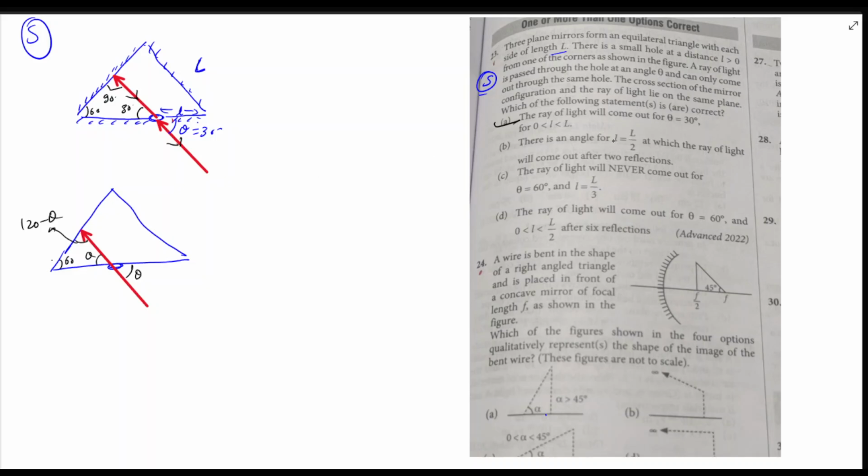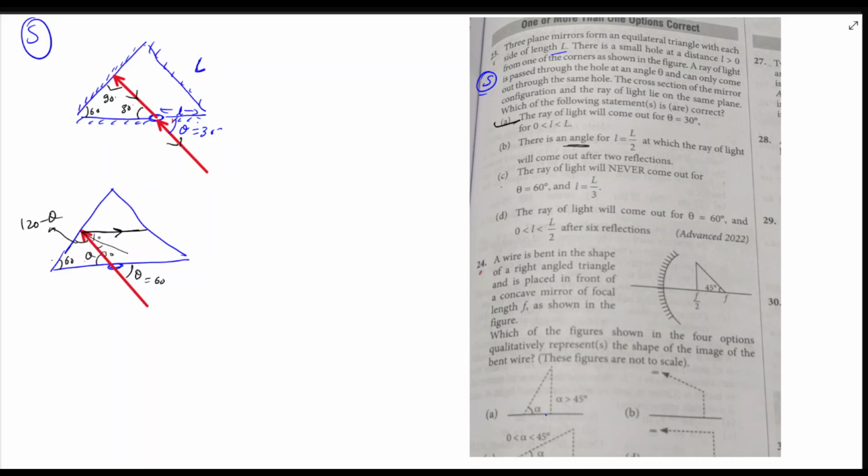We just have to check an angle. With the symmetry, let's take theta as 60 degrees. This will become a symmetric situation, and with theta equal to 60 degrees, maybe we can also check option C. So if this is 60, this is 60, then the ray will be parallel to this surface, because if you take the normal, this will be perpendicular.